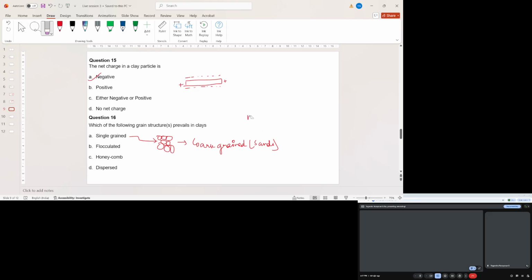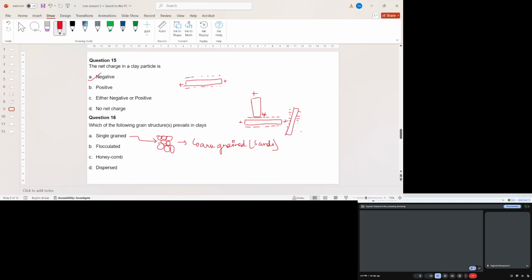Ideally it looks like this, but for simpler understanding, this is the face, positive, negative. The negative charges of the clays attract like this, and the positive charges of the clays attract like this.